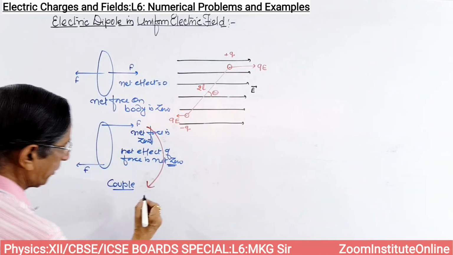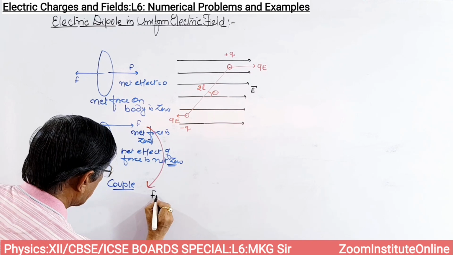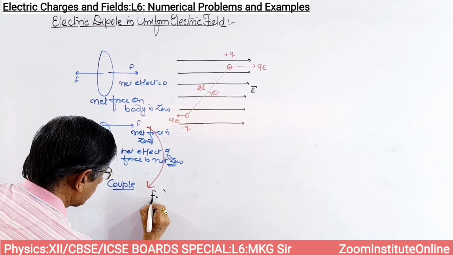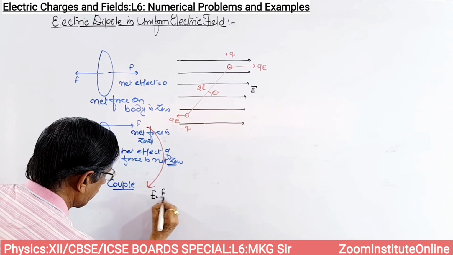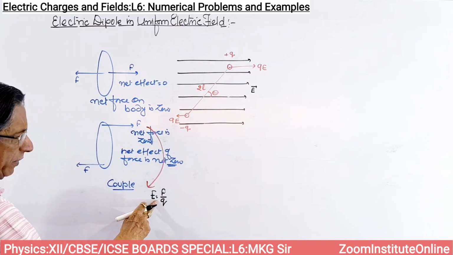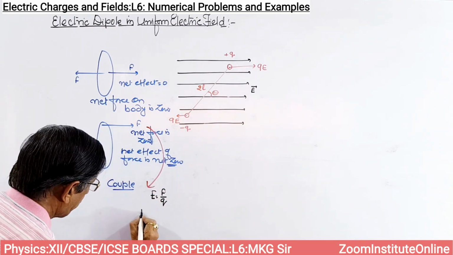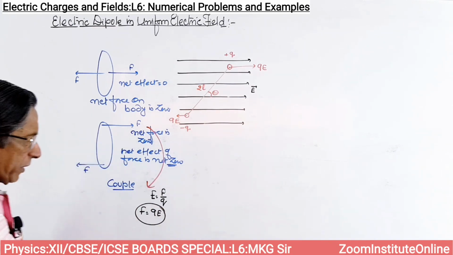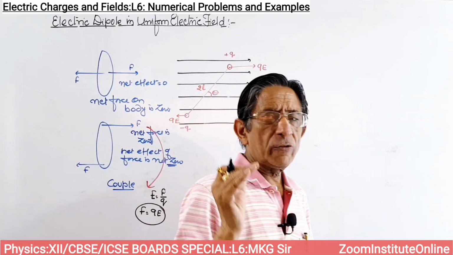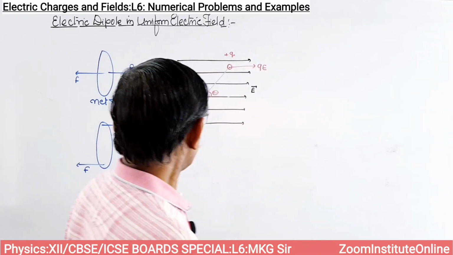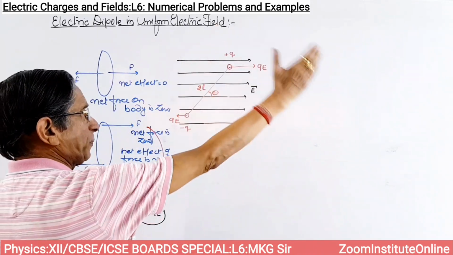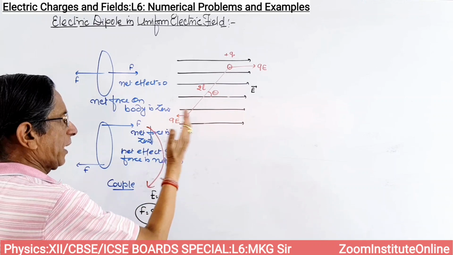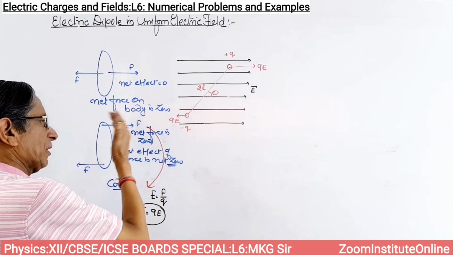You people have been taught the formula E is equal to F upon q. Electric field is defined as force per unit charge. So, force acting on the charge is equal to qE. Positive charge is experiencing force in the forward direction, negative charge is experiencing force in the reverse direction.